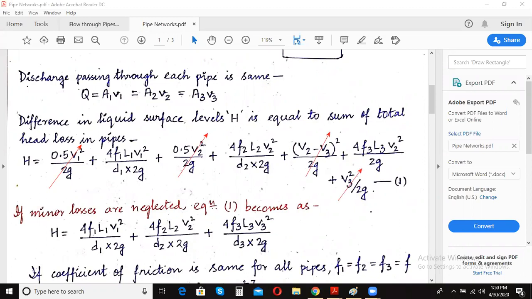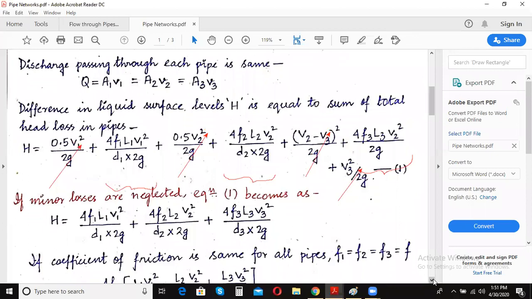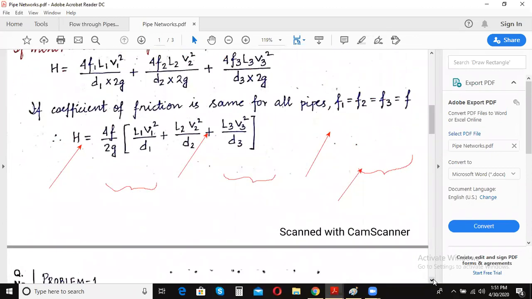So if you ignore these four terms, then what you are getting is head loss due to friction in pipe 1 plus head loss due to friction in pipe 2 plus head loss due to friction in pipe 3. So this is what I've written here. If minor losses are neglected, then the equation will become like this. So that is how you can calculate the total head loss.